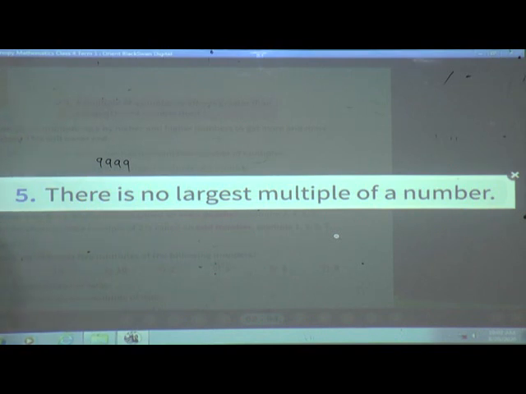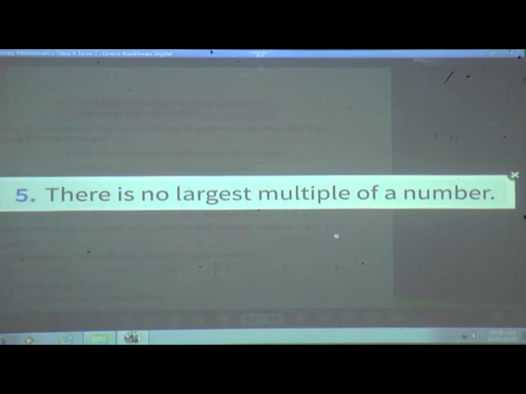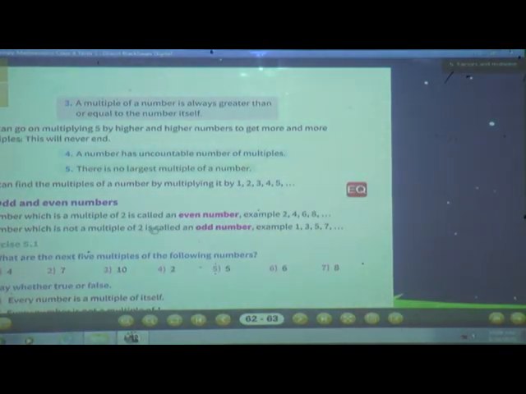But if they ask what is the largest multiple, you cannot say, because we have studied that there are uncountable numbers of multiples. So there is no largest multiple of a number. Are you getting? Yes. What is the fifth property of the multiples? There is no largest multiple of a number. Clear till here? Yes, very easy.